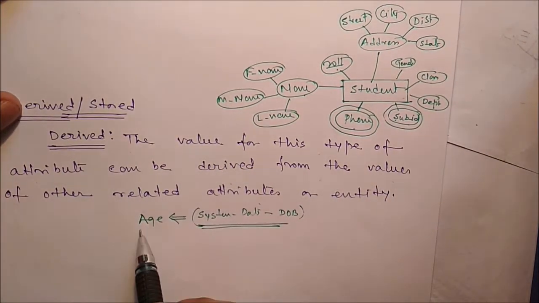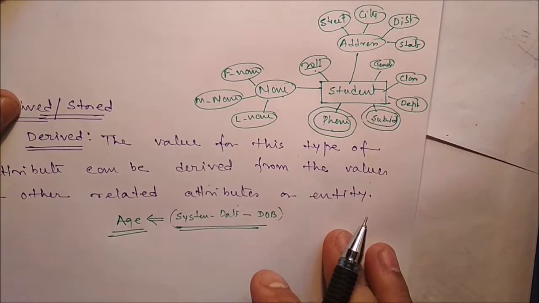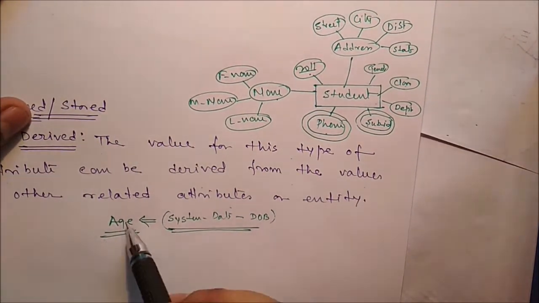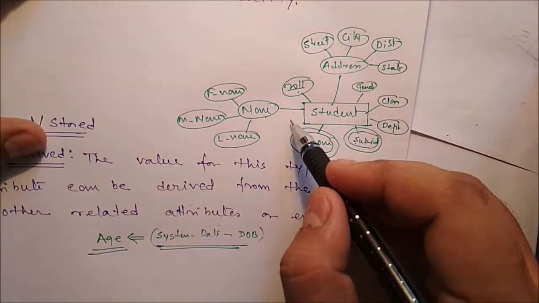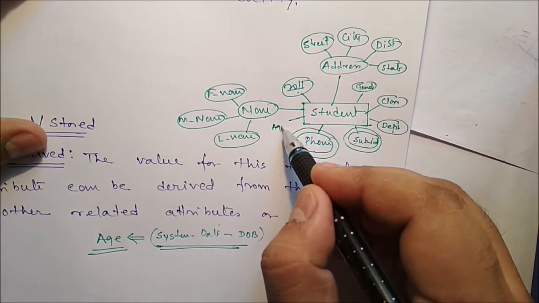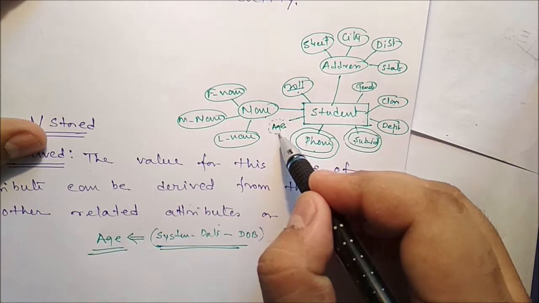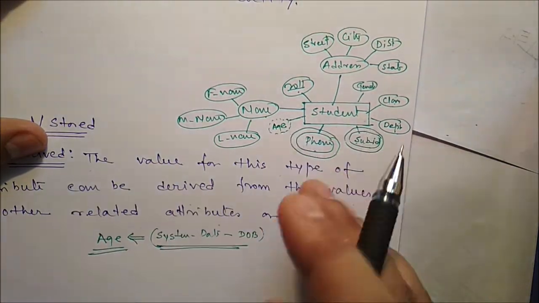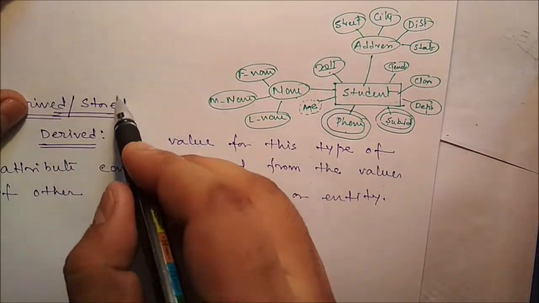From this we can calculate the age. Because the age is not fixed. If we want to add age here, age is nothing but a derived attribute, and we can derive it from the stored attribute.